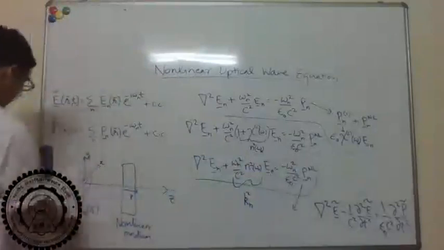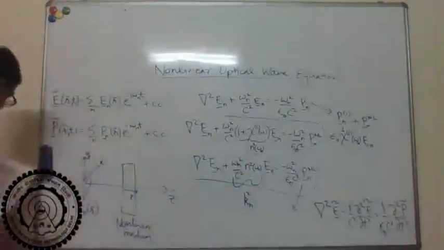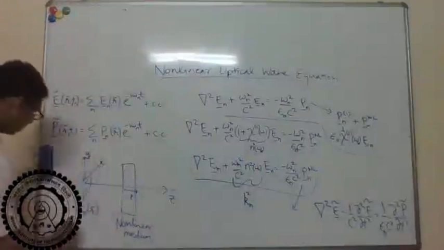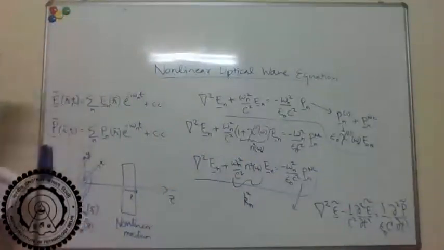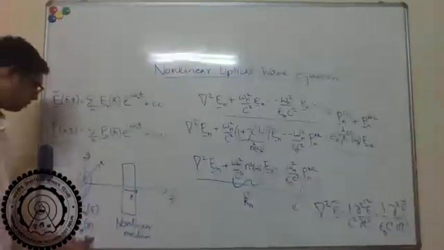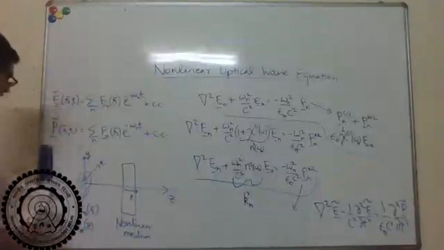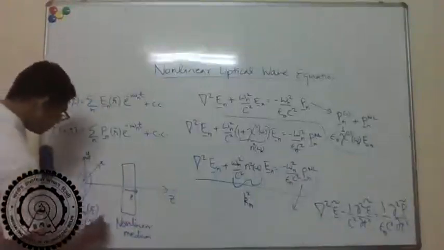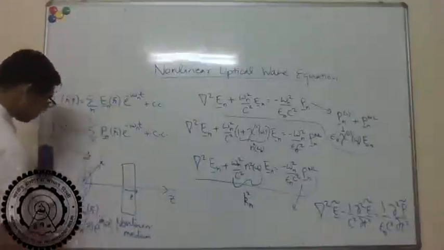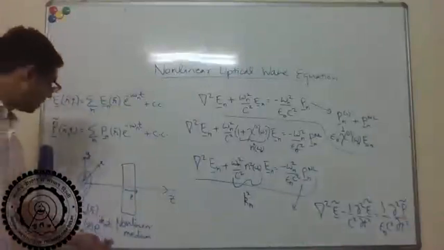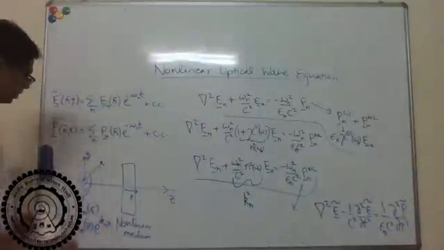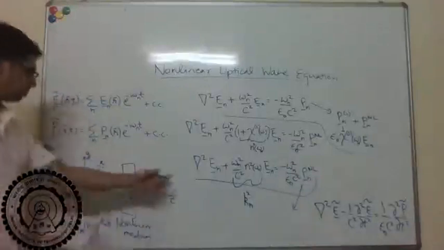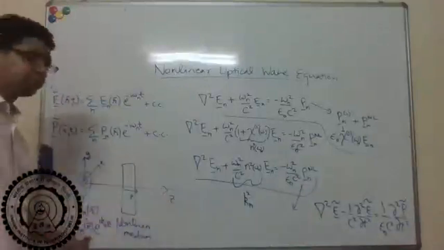I can write this En of r as some An of z, my amplitude dependence that I want to solve for, and then I explicitly take the phase dependence already. So I take An of z times e to the i k n z, right? For example, in a linear medium, I know my solution An of z will be constant.